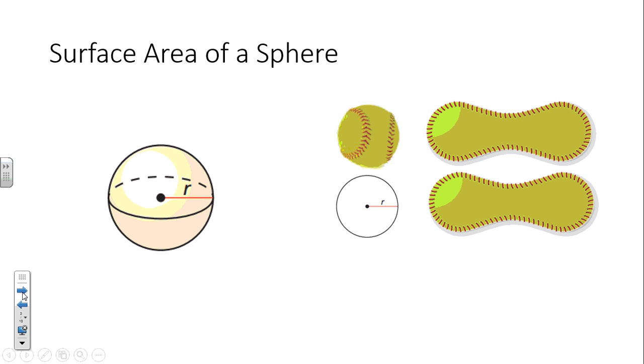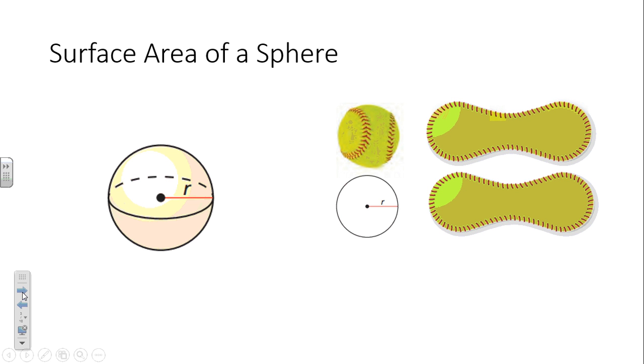So, when we take a sphere and we want to know the total surface area of a sphere, this doesn't have bases, okay? It only has the covering of the sphere itself. So we've taken the leather off of a softball, and we have cut it along the stitches.